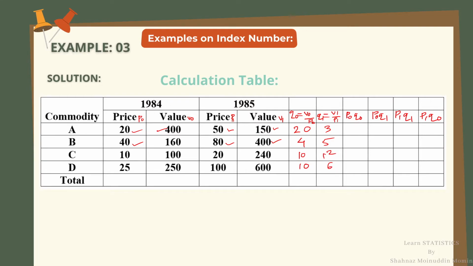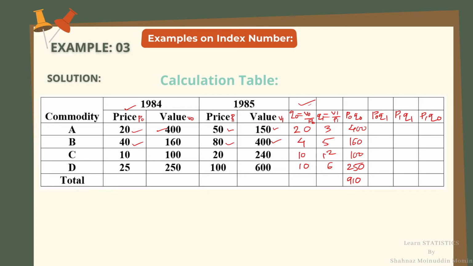Now obtain P0 Q0, means this column and this column, 20 into 20, that is 400. Next is 40 into 4, 160, like that. Take the total.